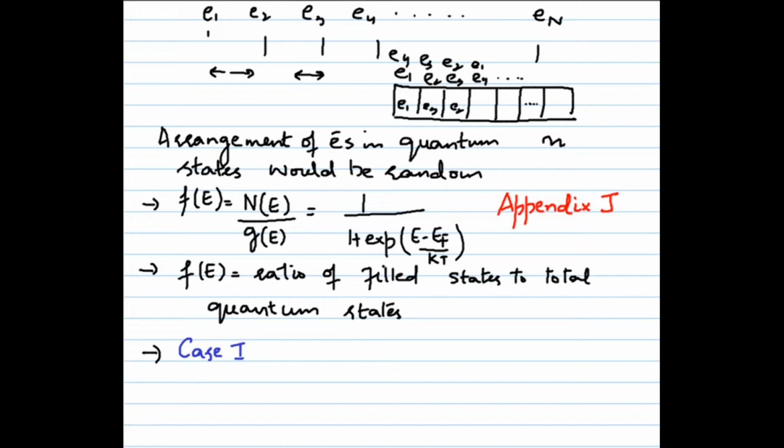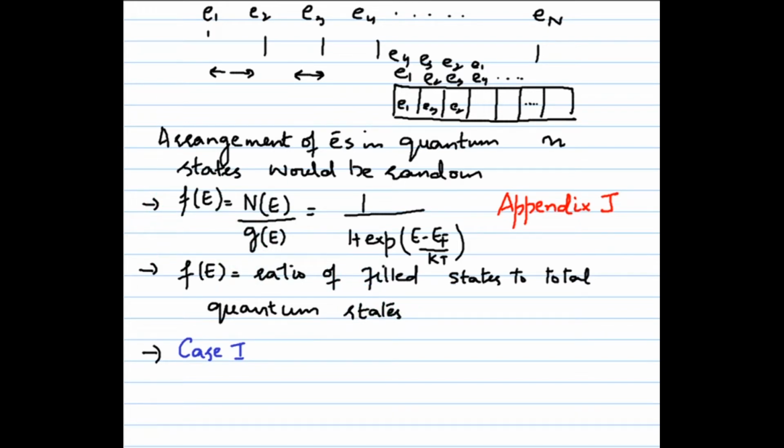Now EF is a constant value, and it is known as the Fermi energy of the system, right?